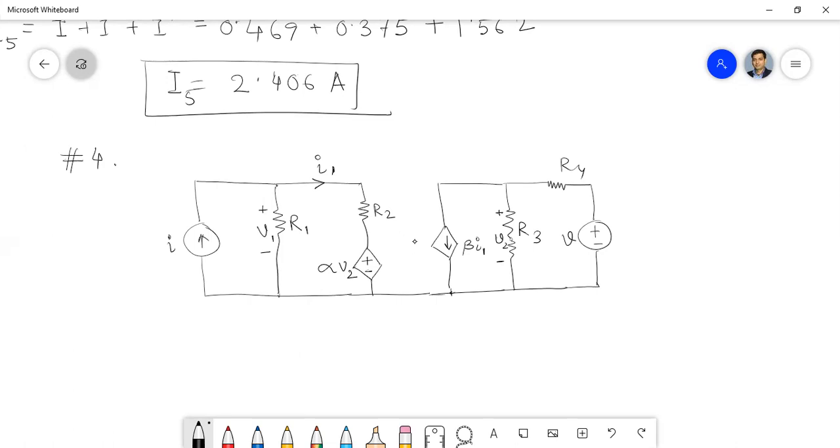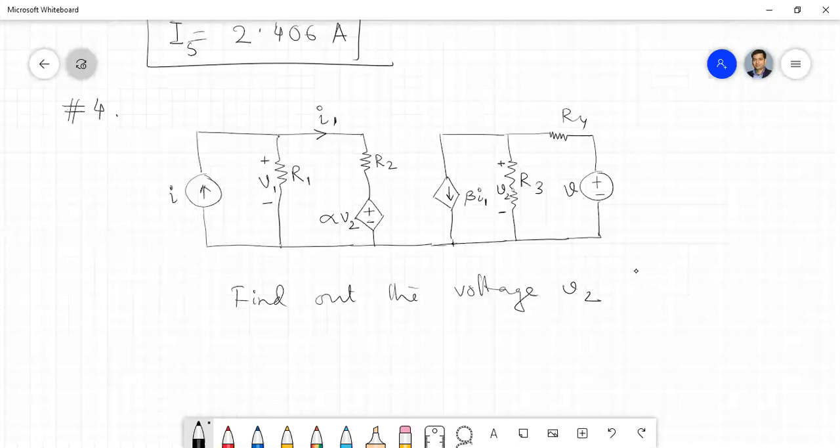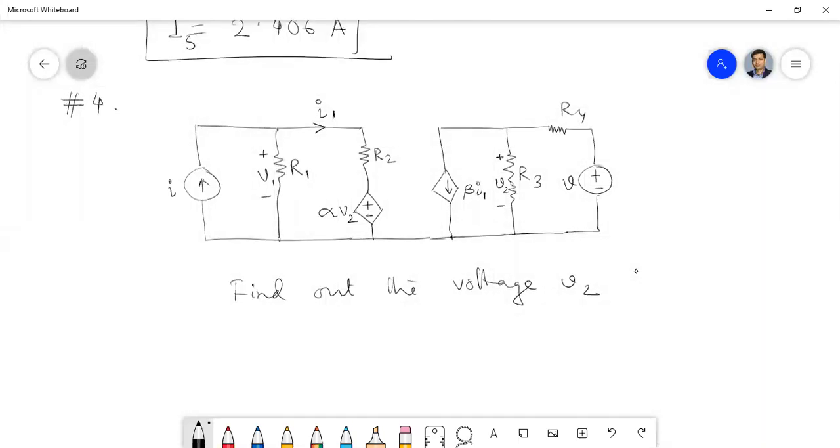Now what you have to find out? You have to find out the voltage V2. How should I proceed? Any suggestion?